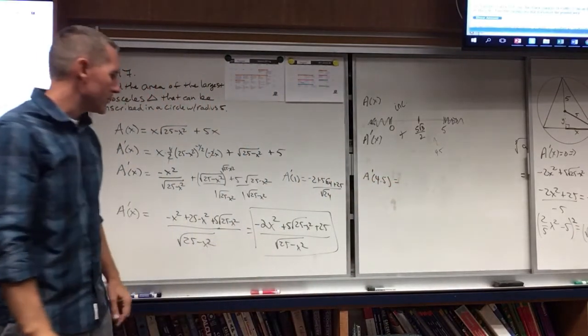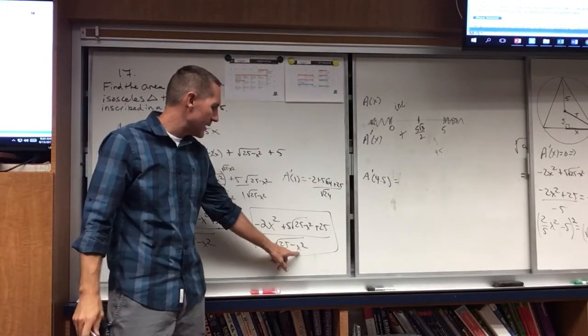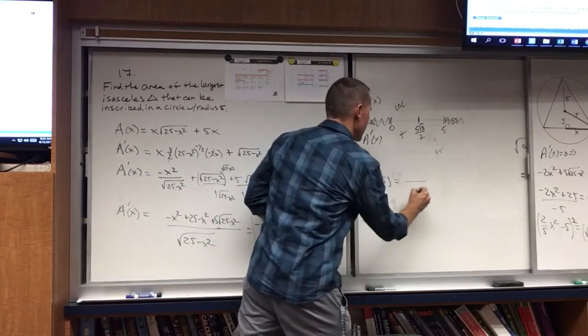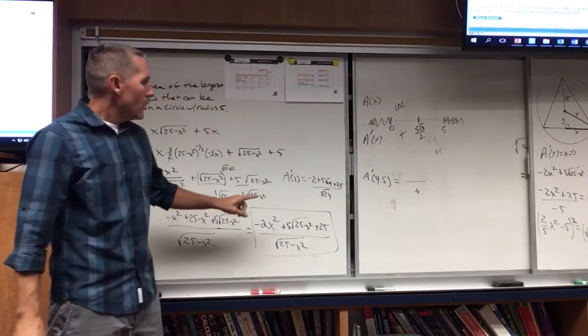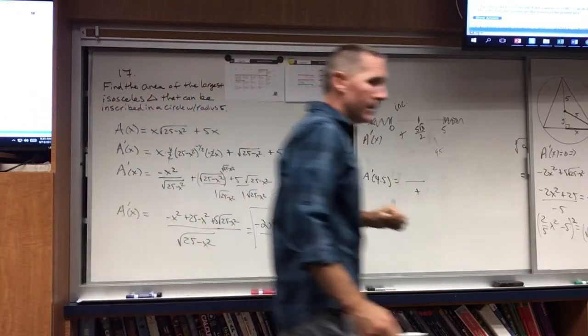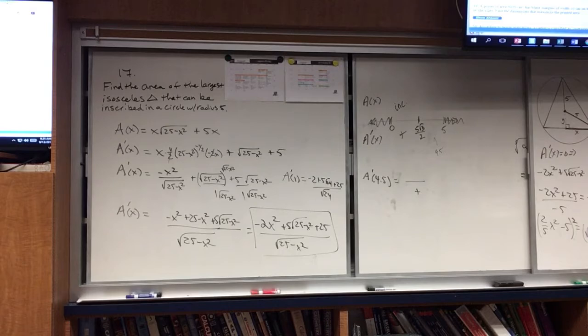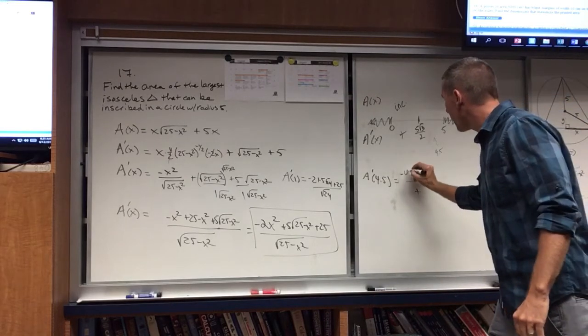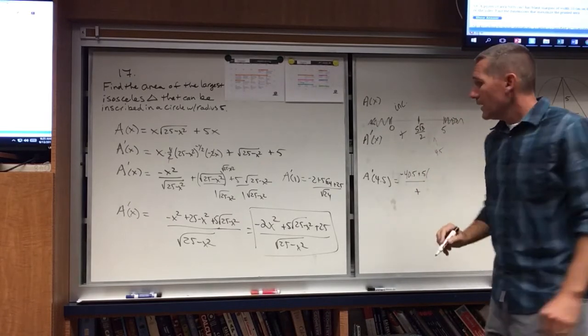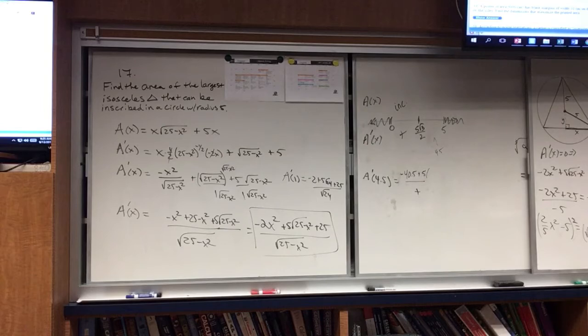And again, I'm only looking at whether it's positive or negative. In the denominator, you can see that that's going to be positive, right? So it's going to be something over a positive value. 4.5 quantity squared, 4.5 squared is 20.25, times negative 2 is going to give me negative 40.5, plus 5 times the square root of 25 minus 4.5 squared.